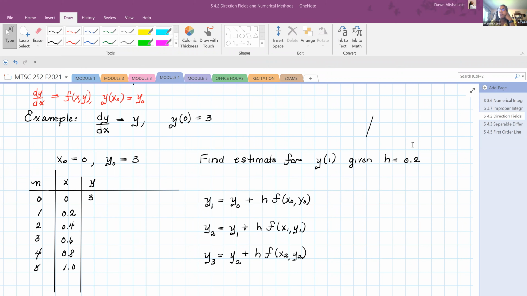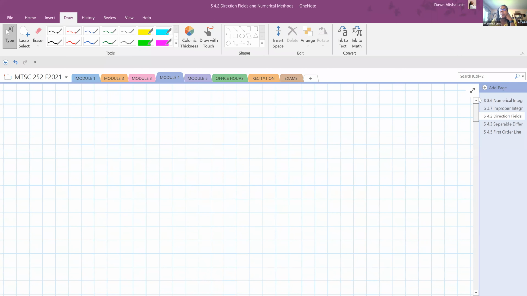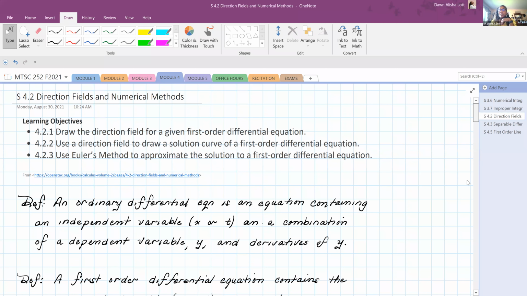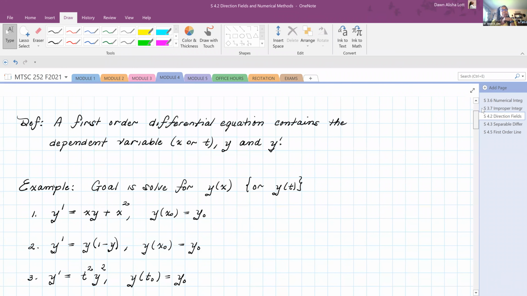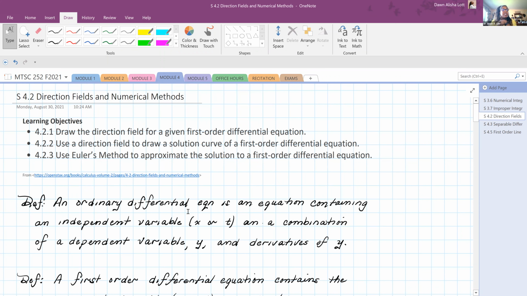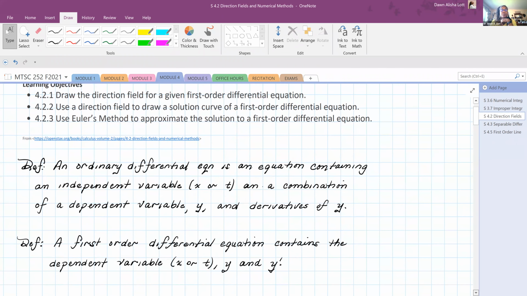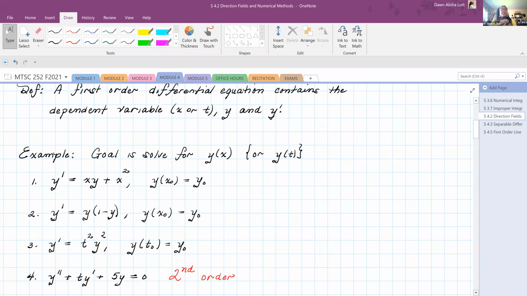Okay, so if we go back, we said a differential equation is an equation containing an independent variable x or t and a combination of a dependent variable and derivatives of that variable. So that's what makes it a differential equation, okay? So if it's a first order differential equation, it only contains y and its derivative.